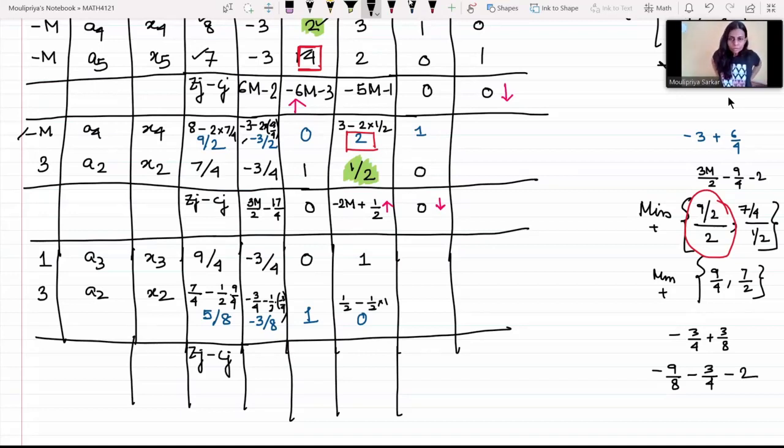Right? 3 into minus 3 by 8 plus 1 into minus 3 by 4 minus 2. What is the value?